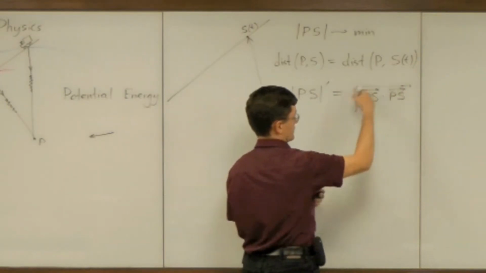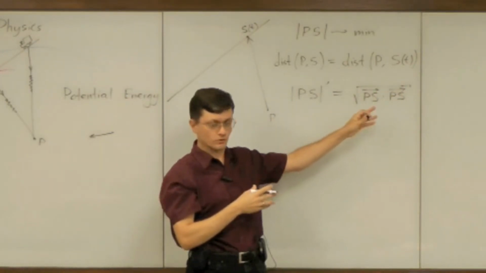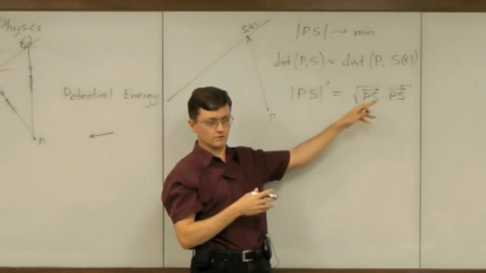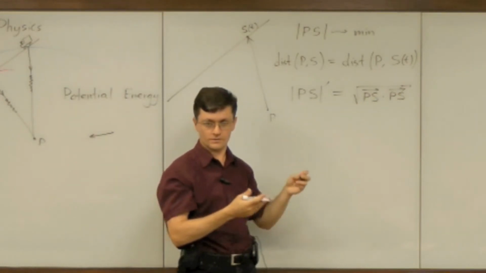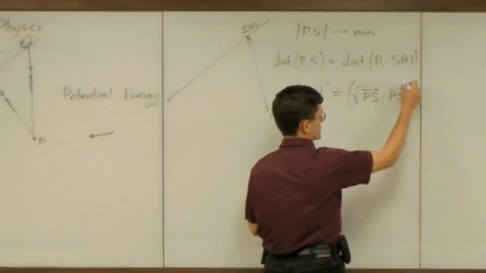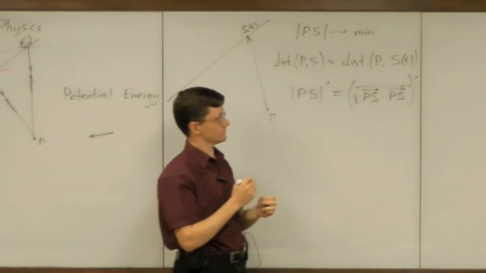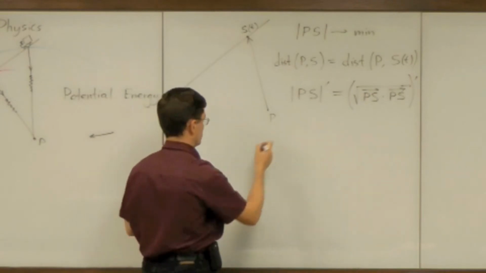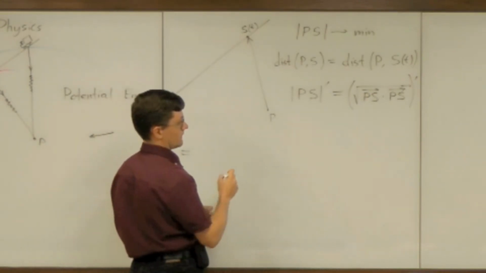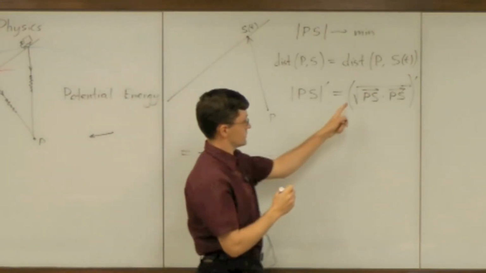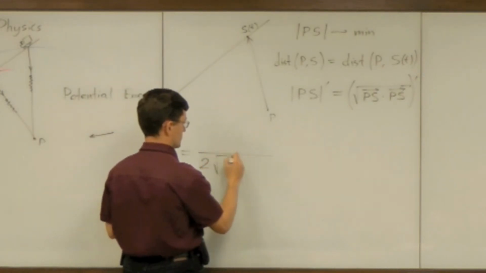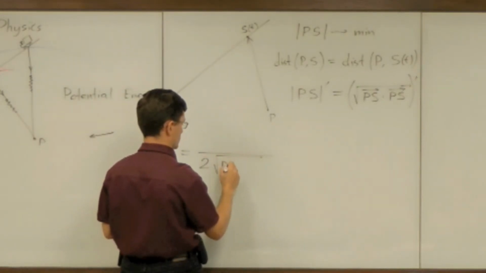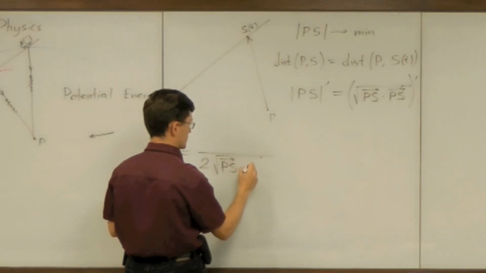And the advantage of this long expression, which is more complicated than the distance, is that we know how to differentiate the dot product. It satisfies the product rule. So this is what we now want to differentiate. I know how to differentiate the square root. It's 1 over 2 square roots of the same expression, PS dot PS.